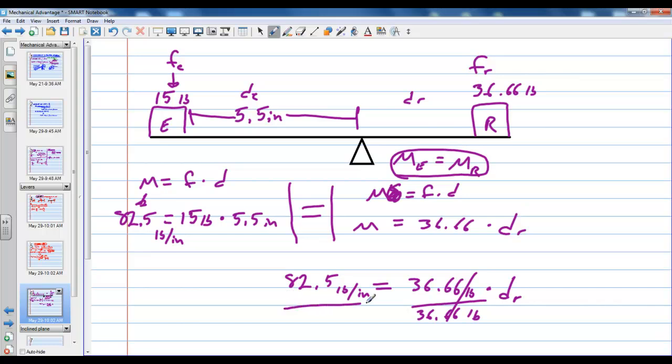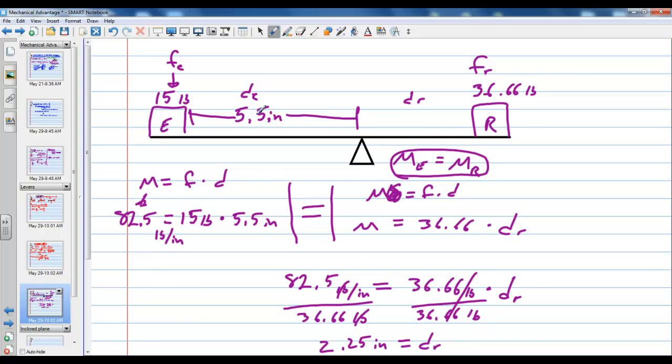If we divide this by 36.66 lb, we cross out the pounds and we get a number. 82.5 divided by 36.66, we get 2.25, not pounds because we crossed pounds out, inches, is equal to the resistance distance.